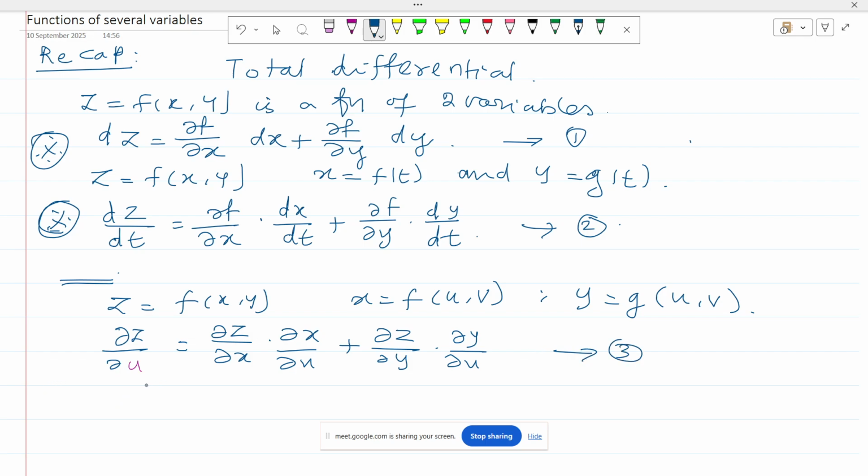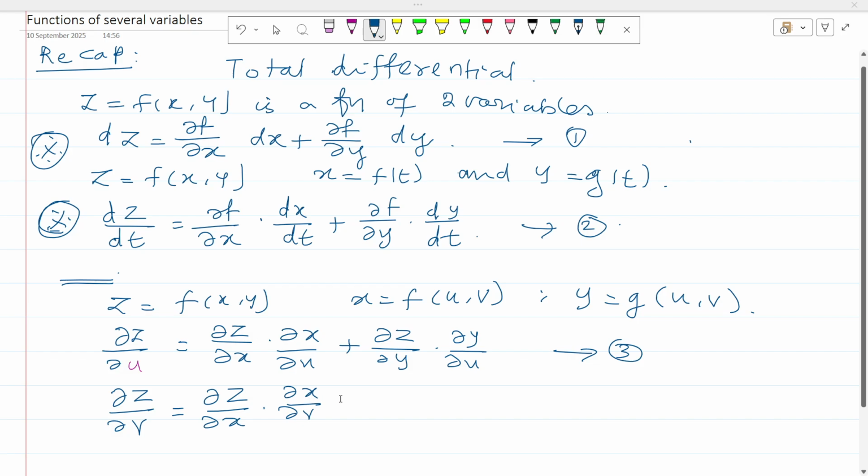Equation number 3. Dou z by dou v is dou z by dou x into dou x by dou v plus dou z by dou y into dou y by dou v.